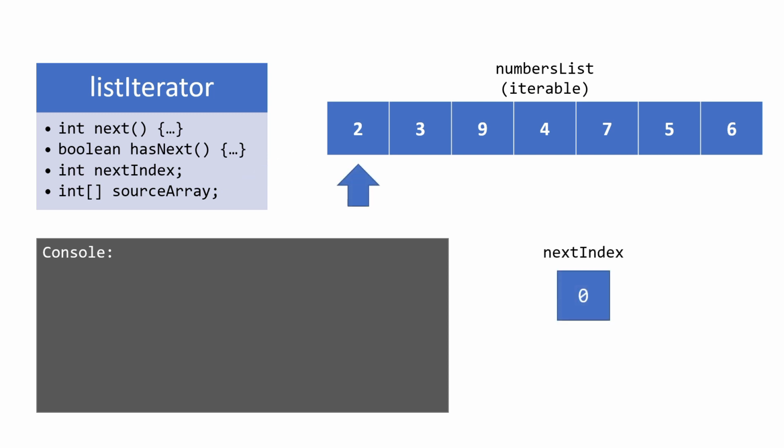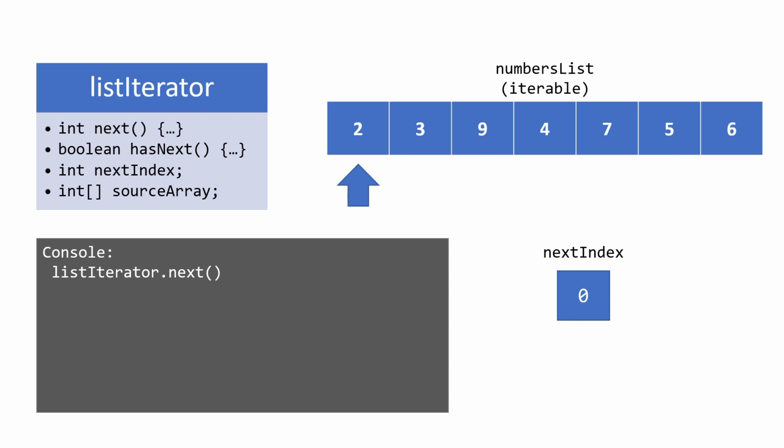Now in this example, I keep track of my current position using a variable called nextIndex. You could use currentIndex, but I find it a little easier to work like this, and this example is going to work with nextIndex.